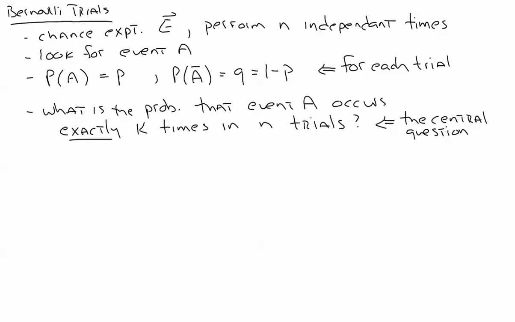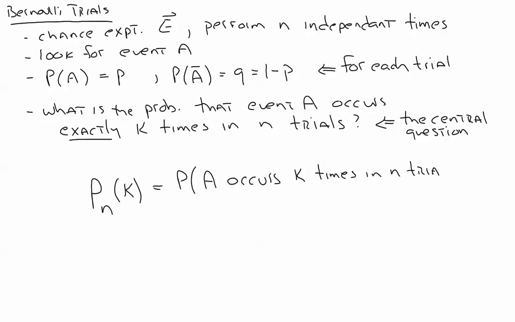So let me just write down the result and then I'll dissect it on the next page. The probability that in n trials event A occurs k times, all right, let me write this down. This is the probability that event A occurs k times in n trials equals, and again, I'm just going to write this down for now, and I'm going to dissect it slowly on the next page.